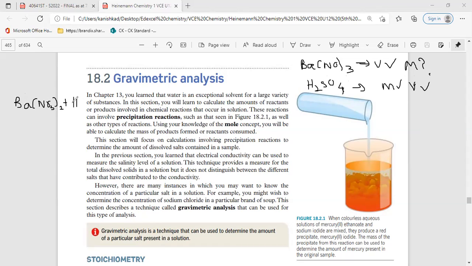what are the products? It's a double displacement reaction. It forms barium sulfate, the white precipitate, and hydrogen nitrate, or nitric acid.